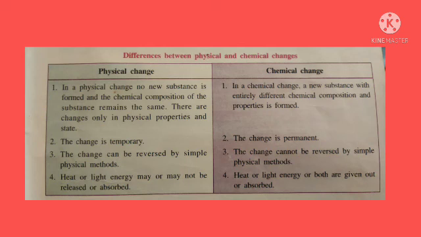The third point of physical change is that the change can be reversed by simple physical methods, and the third point of chemical change is that the change cannot be reversed by simple physical methods. The fourth point for physical change, heat or light energy may or may not be released or absorbed. And the fourth point for chemical change, heat or light energy or both are given out or absorbed.